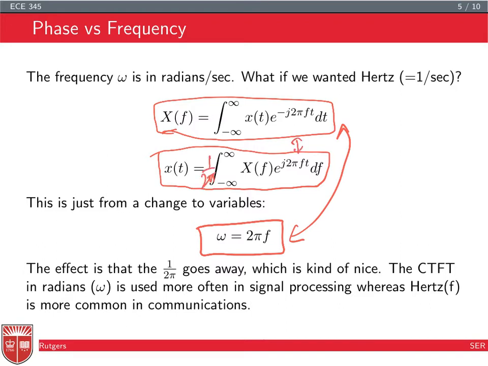But usually in signal processing, most of the time we use omega, while in communications we tend to use hertz. You would hear, for example, that 3G is over this and this bandwidth in hertz, and this signal should fit in this bandwidth, and so on and so forth.